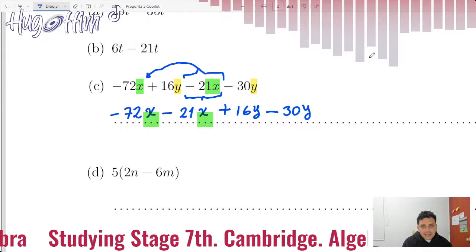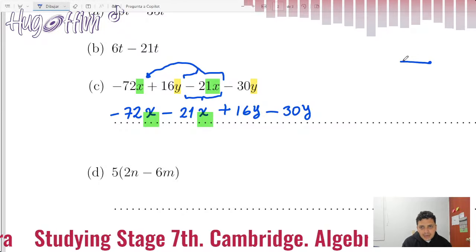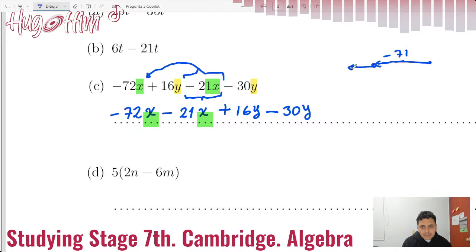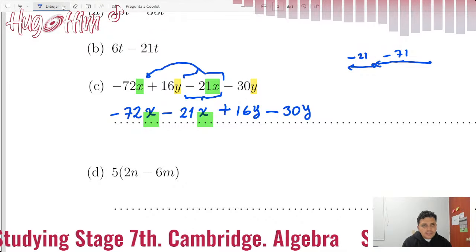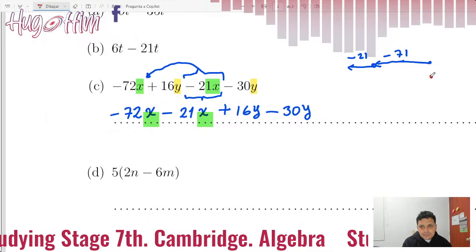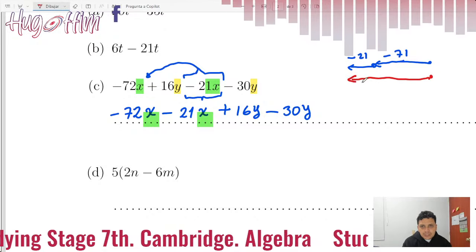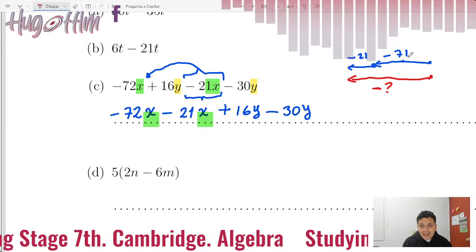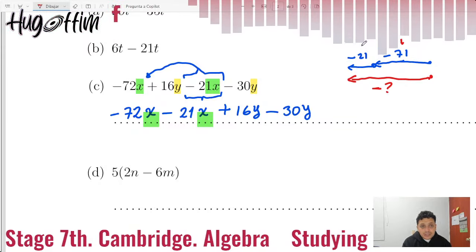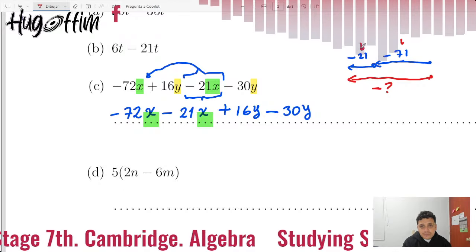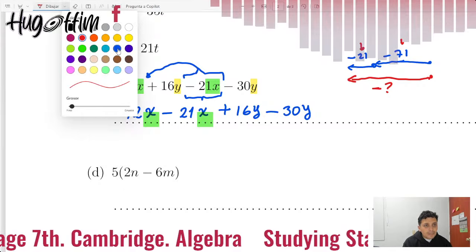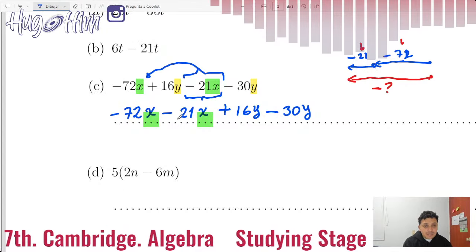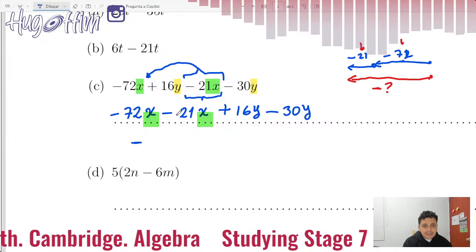If you imagine your number line again, minus 72, minus 21, the answer is going to be a negative number, and it's going to be the addition of 72 and 21. So basically I just need to add 72 and 21, but it's negative. So this is going to give me negative 93x.